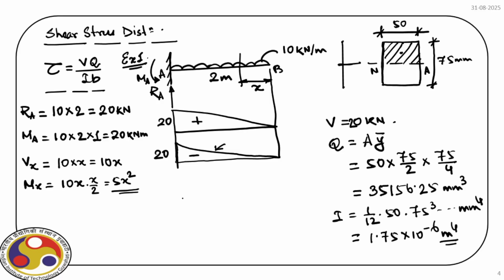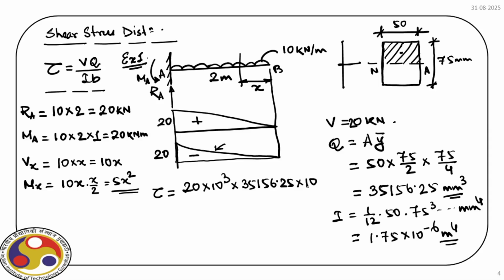Okay. Now tau at the neutral axis, we have 20 kilonewton. So 20 into 10 to the power 3, that is in Newton, into Q, 35156.25, that is in millimeter cube.